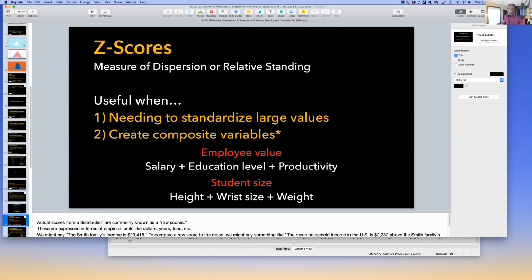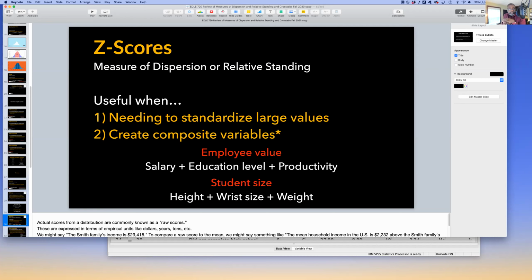Now, obviously, if you were trying to combine these variables, there's a couple of ways that you can do it. The easiest way for me to show you is to basically turn each one of these variables. So salary would look something like $45,000 to $100,000, as I showed before. Education level could be 1 to 24 or whatever.